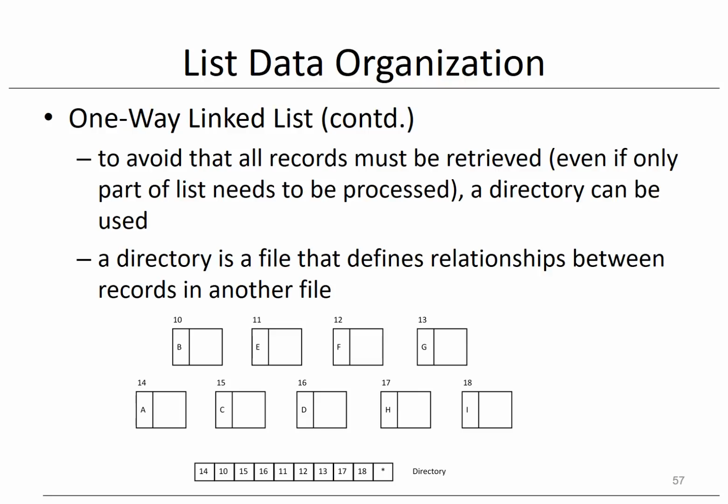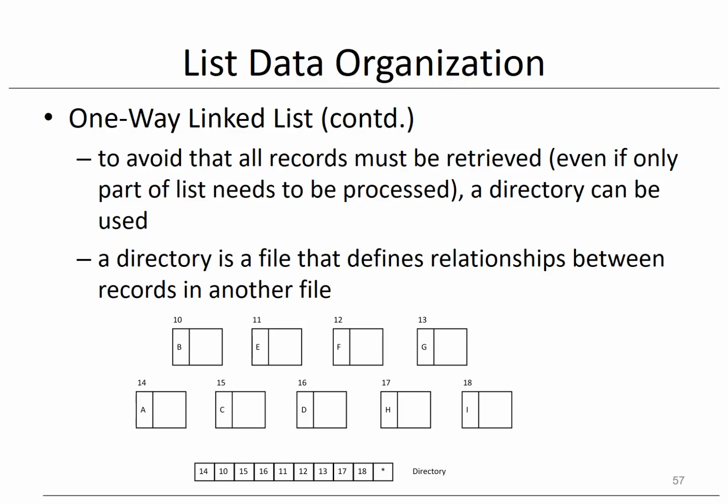A possible disadvantage is that all records must be retrieved, even if only part of the list needs to be processed, because the pointers to navigate the list are embedded in the records. An alternative is to store the pointers separately in a directory as shown in the figure. A directory is a file that defines the relationships between the records in another file.